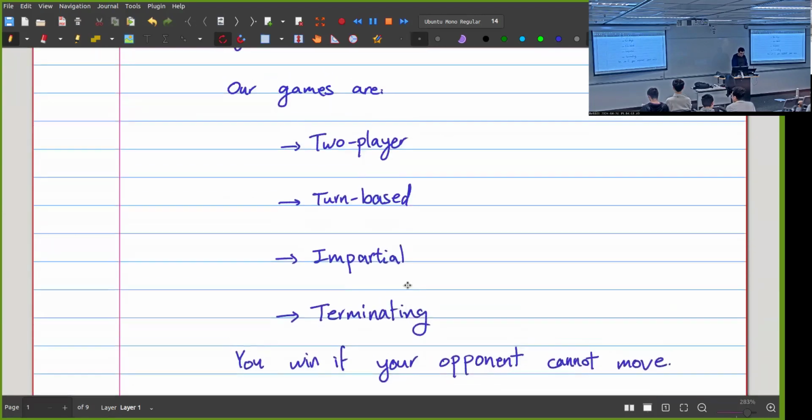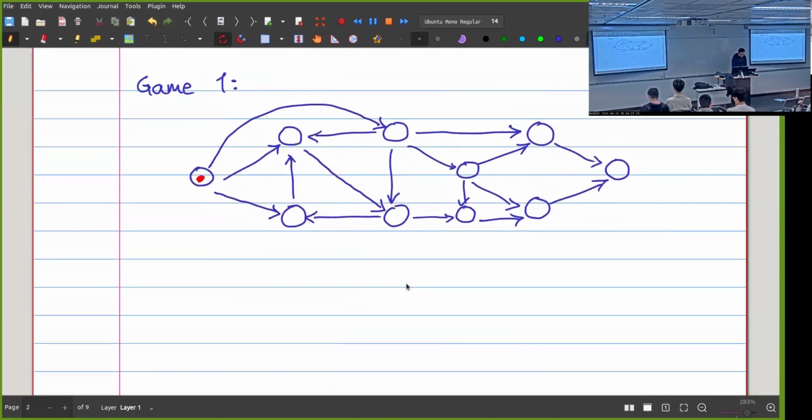And is it terminating? Well, in order to say that this game is terminating, I have to somehow show that it's impossible for the players to play this game forever. In this case, my graph is a DAG, hopefully. And because it doesn't have a cycle, you cannot play forever. So this game is going to terminate.